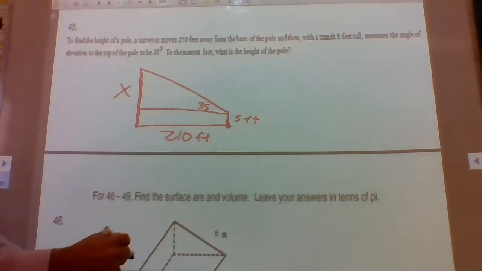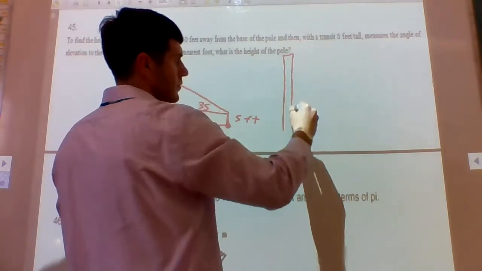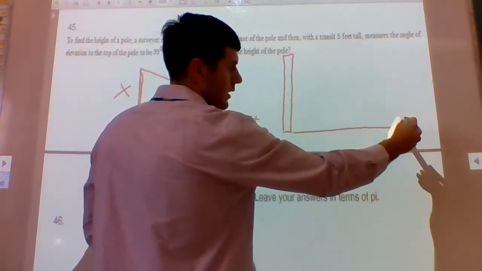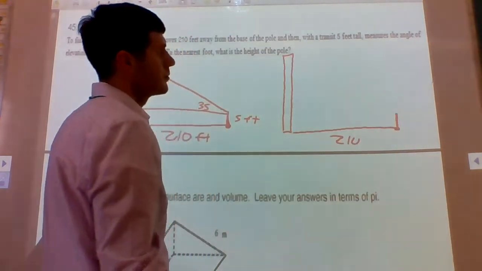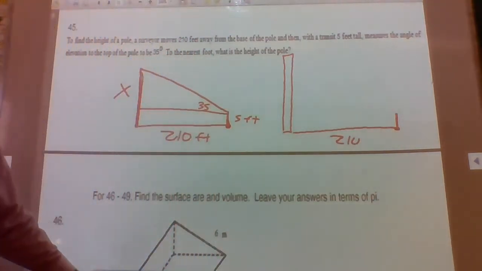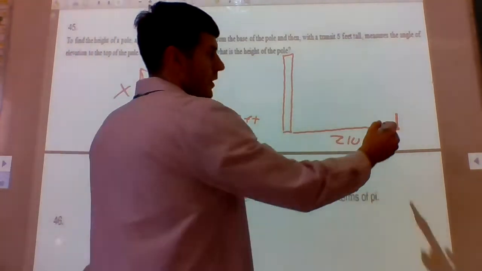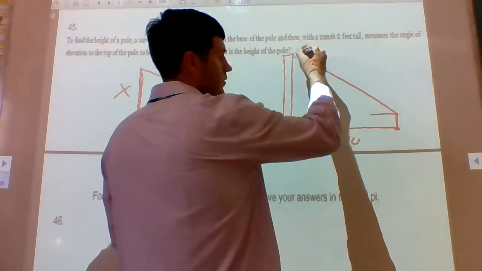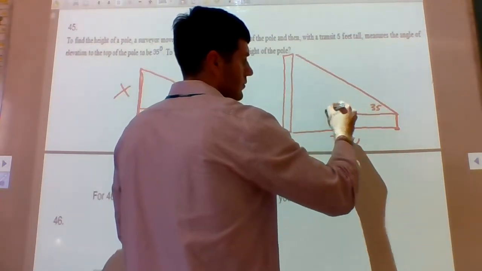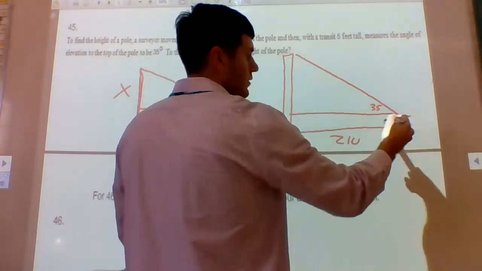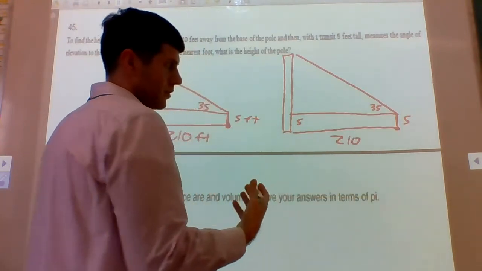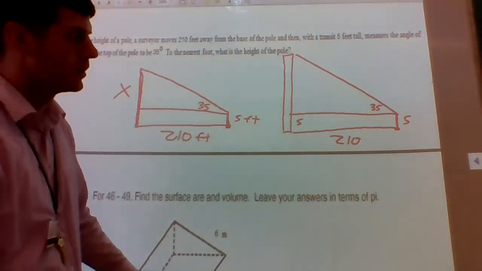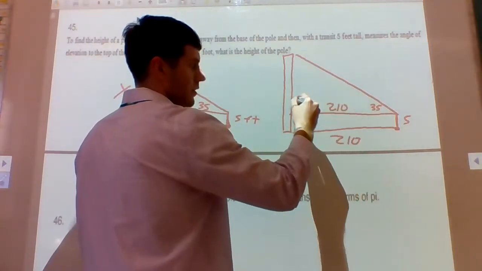So you're imagining a large pole, and some guy 210 feet away, and then he has another little transit device. I'm not really sure what a transit device is, but clearly by the problem, we can tell that it measures angles. From that, he got an angle of elevation of 35 degrees. We know it was 5 feet tall. The significance of that is not important. Well, it is important. But we know this is also then going to be 210.